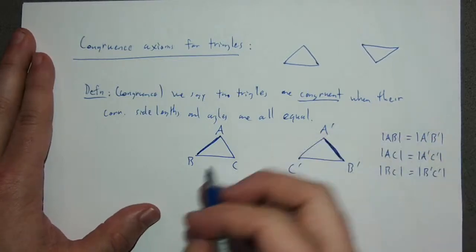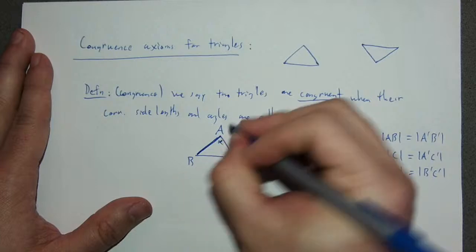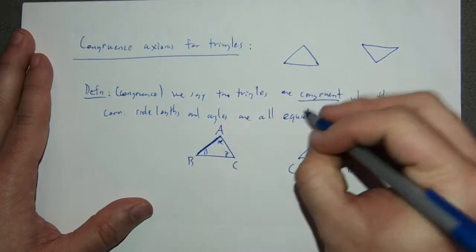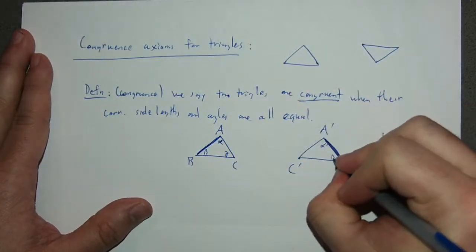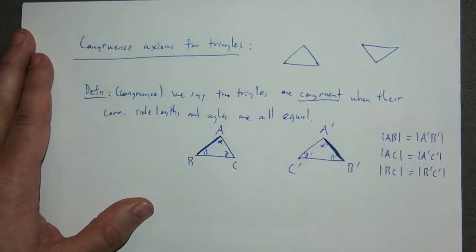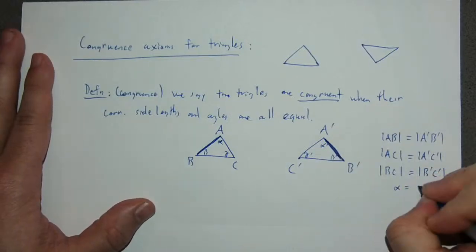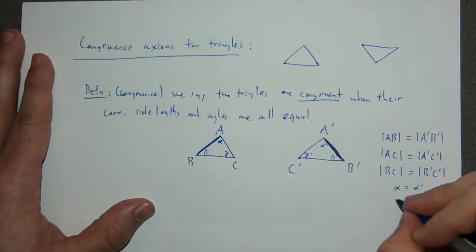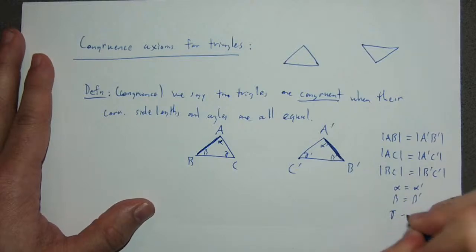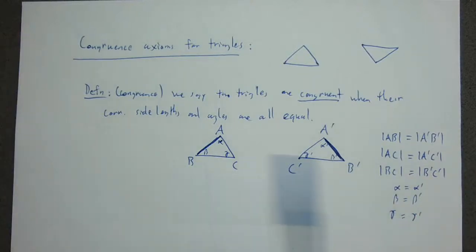If I have alpha, beta, gamma, and alpha prime, beta prime, and gamma prime here, then alpha is equal to alpha prime, beta is equal to beta prime, and gamma is equal to gamma prime. So if two triangles are congruent, I get these six statements about these quantities.